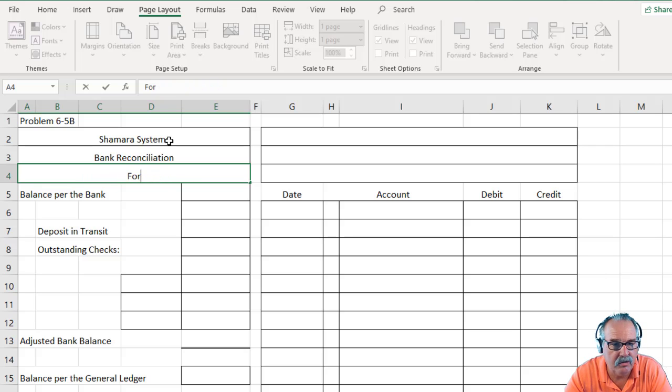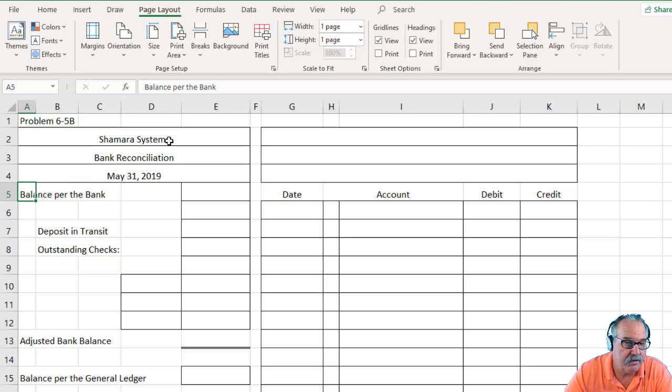Actually, what we should really do is just put May 31, and we'll use 2019. Because we're talking about the bank account and the cash account, this is a balance sheet account, and so we want it as a specific date. We're reconciling this bank statement as of May 31st, 2019.